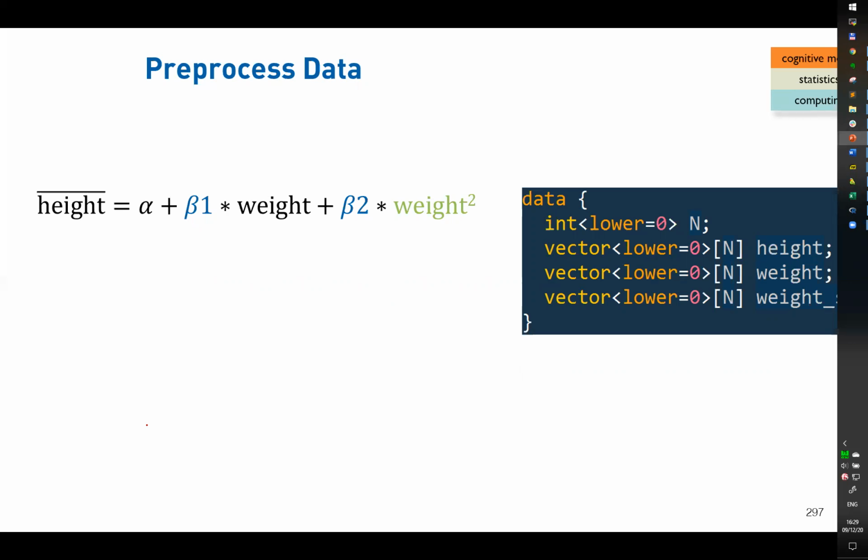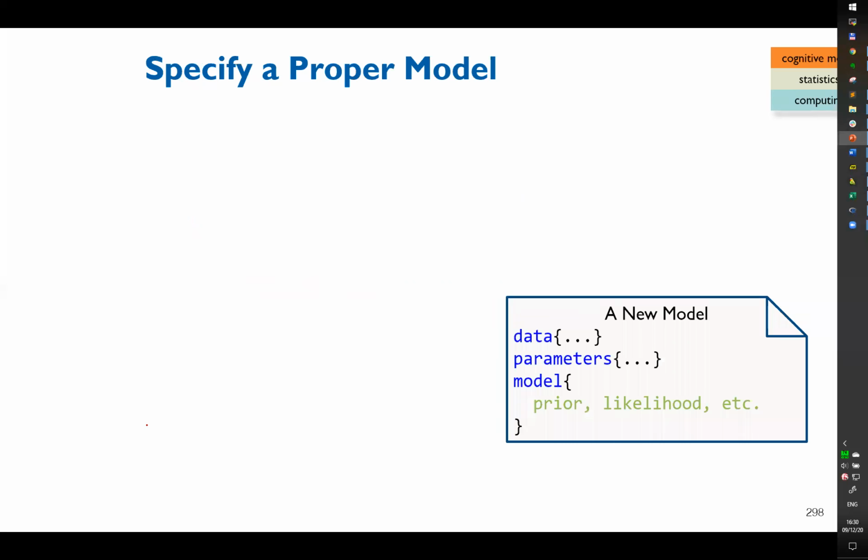So that means if you want to remove some participants, remove it in R so that it is ready to be entered into the Stan code, instead of removing those participants in Stan, which is quite tedious, honestly. It's possible, you can do it, but it's not the purpose. The purpose is parameter estimation. Don't do data cleaning and pre-processing related stuff in Stan. Do as much as you could outside, and then Stan only for model estimation.